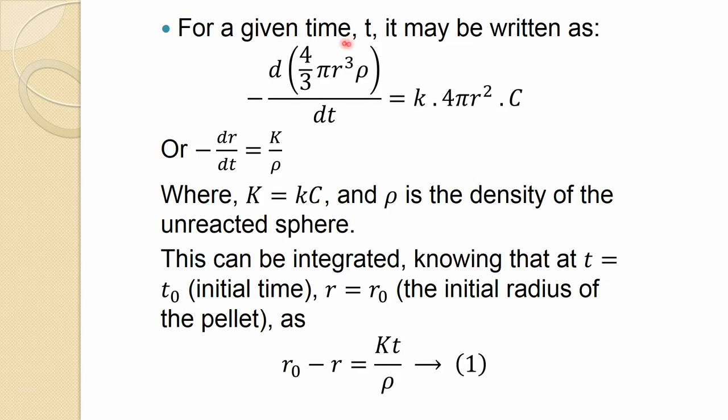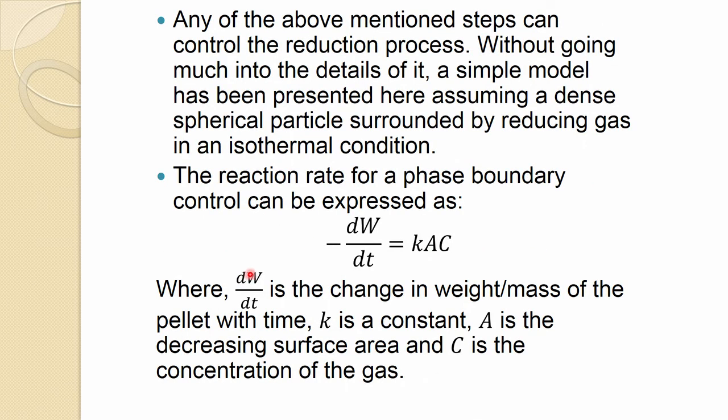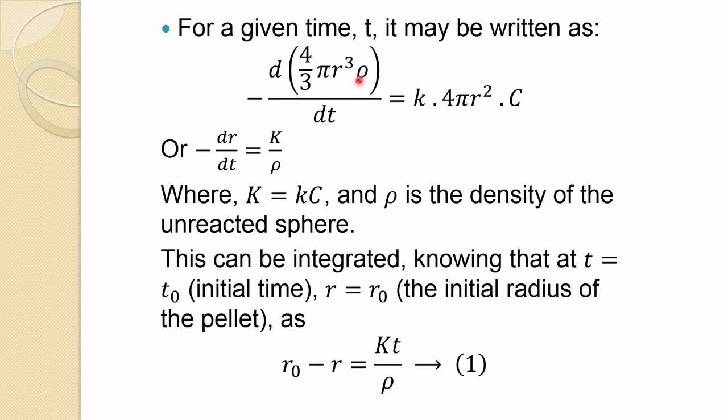So, for a given time t, it may be written as, W, you know, is the weight of the particle or pellet, and we are considering a spherical pellet. So this can be written as the volume of the particle multiplied by the density, which gives you the weight of the particle at a particular time, at that instant.